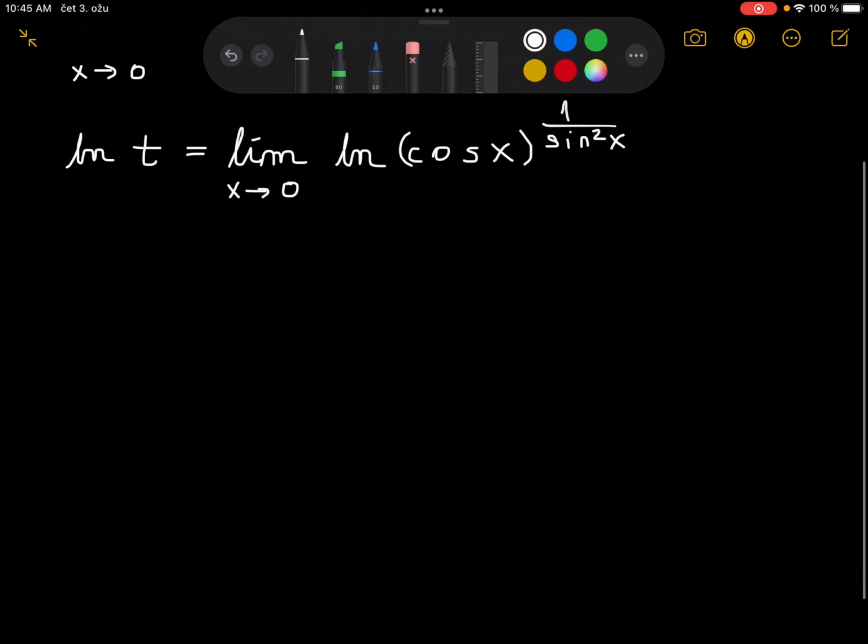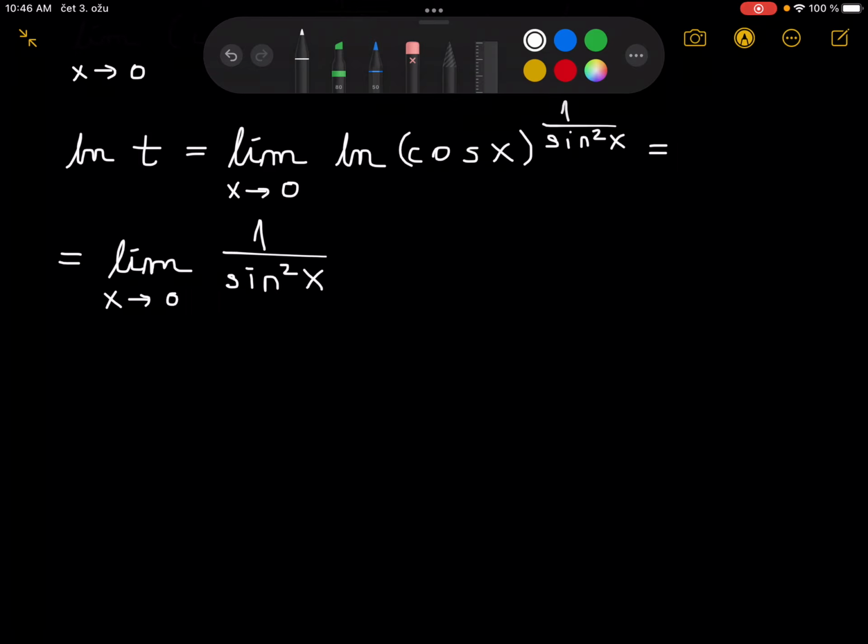Now, by using the properties of logarithms, we can say that this is the limit as x approaches 0 of 1 over sine squared of x times the natural log of cosine x.